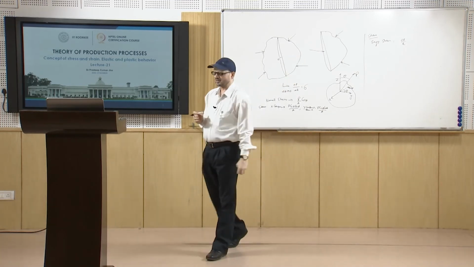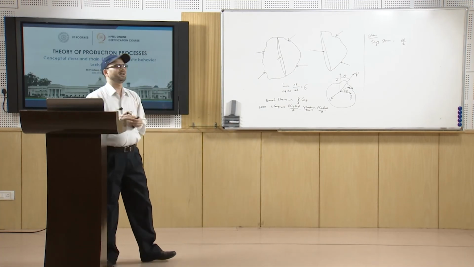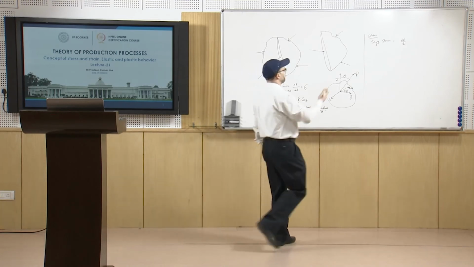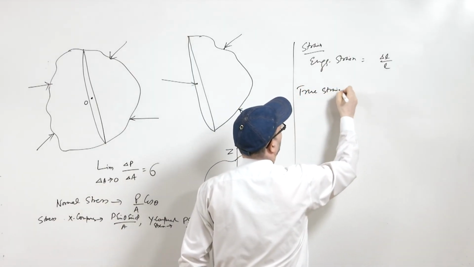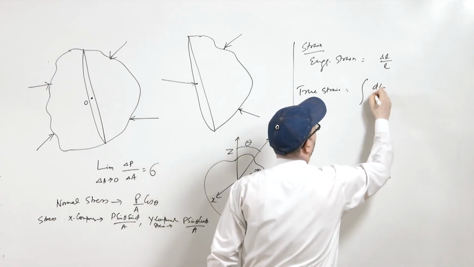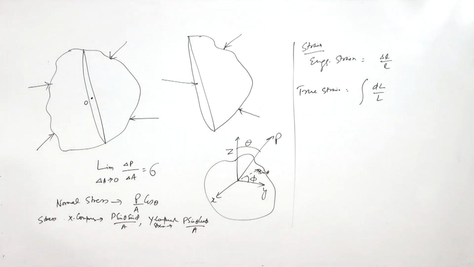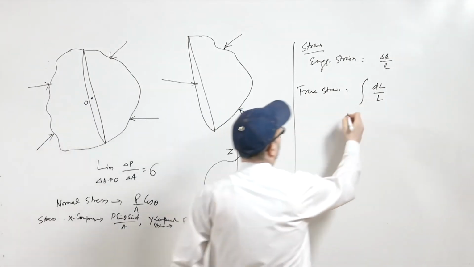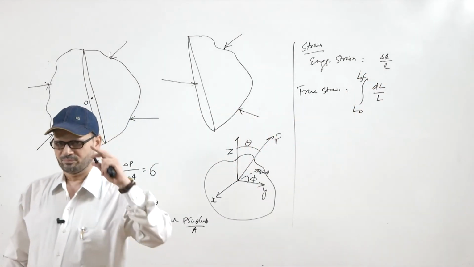So, that will be basically, if suppose dl is the change in length and L is the actual length, you will have dl upon L, and for that you will have the variation from L naught, the original length, to LF, the final length.